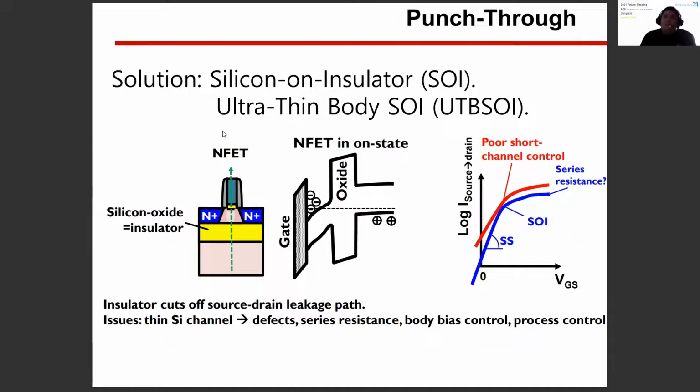However, the fabrication of silicon on insulator devices is much harder than normal devices. So it is much harder to make, and it's much more expensive. Moreover, because the insulator also insulates heat, the heat cannot dissipate that much.